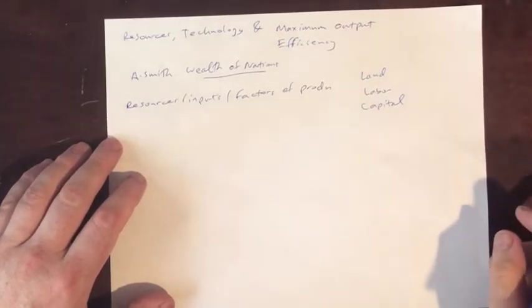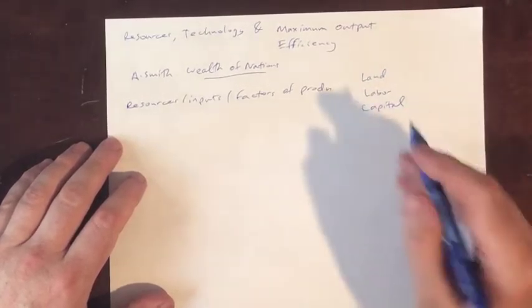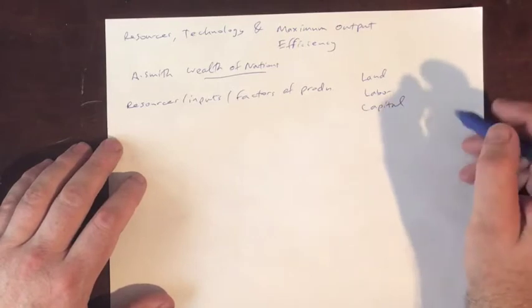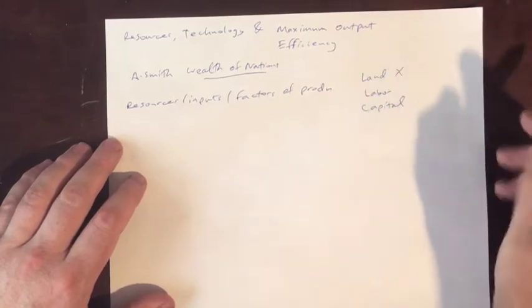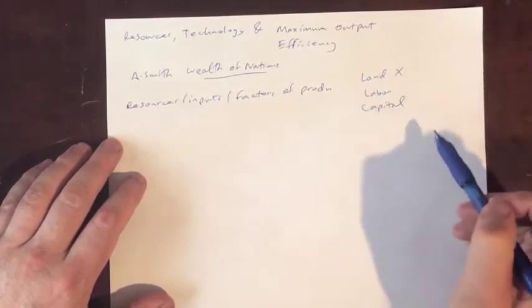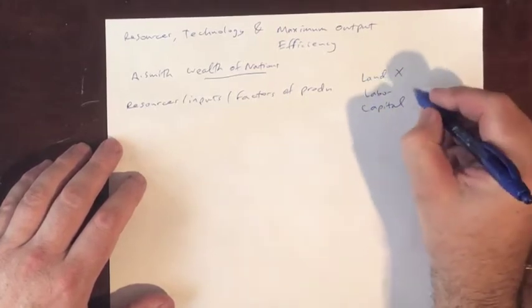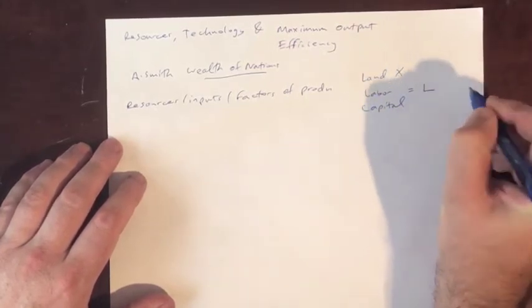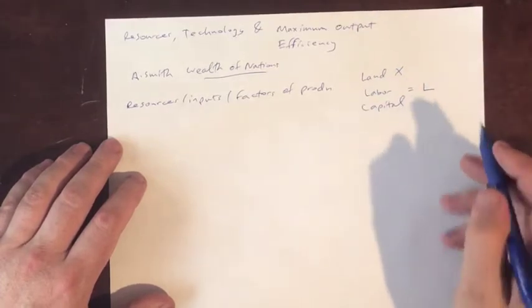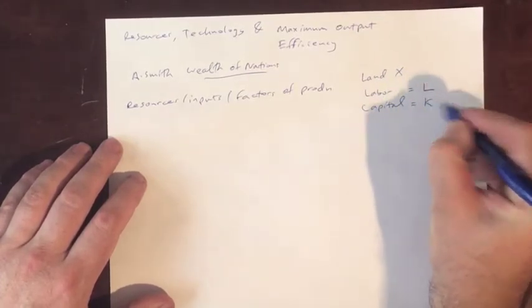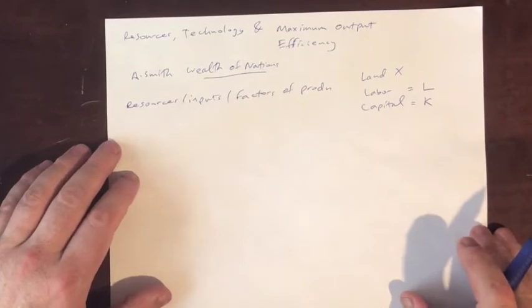Just for simplicity, we're not going to talk about land. We're just going to talk about labor and capital. Those will be our two resources, and we're going to use capital L to stand for labor and capital K to stand for capital.